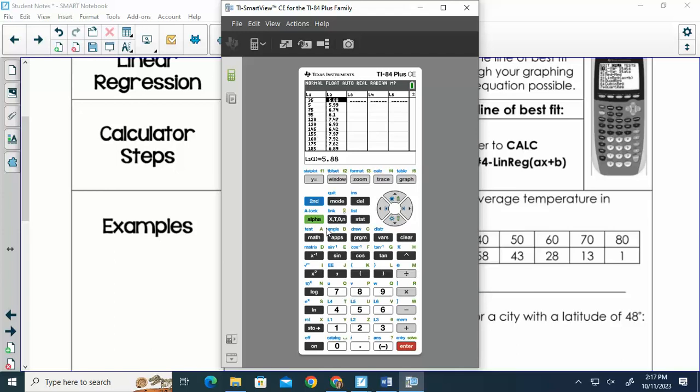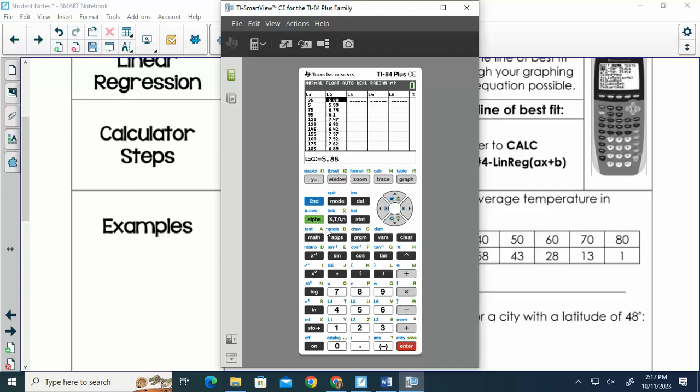If there are numbers in there, we need to get them out, but do not, under any circumstance, use the delete button, because it deletes the entire list out of the calculator, and it's annoying to try to put it back in, and it will mess up everything else we do. So don't do delete.